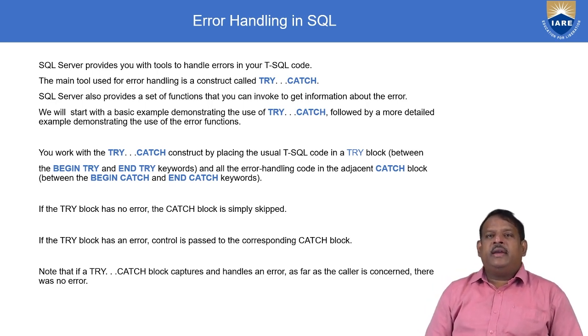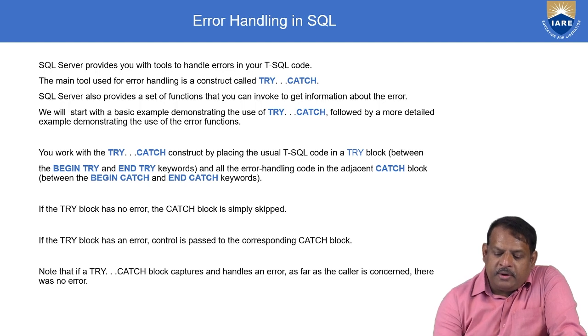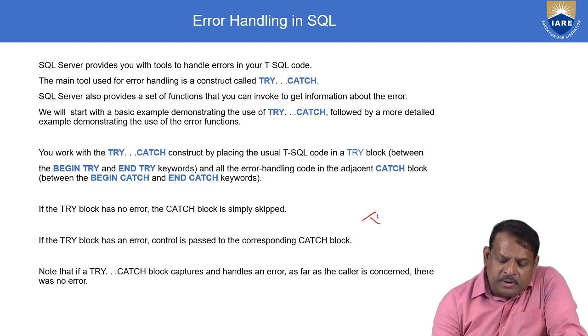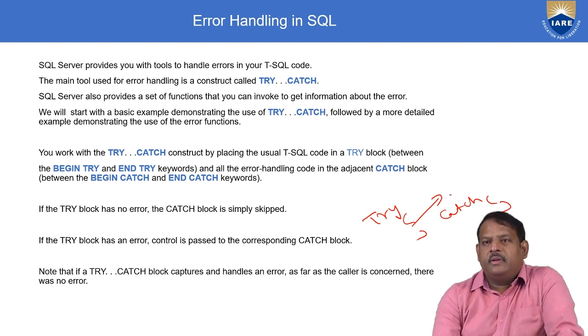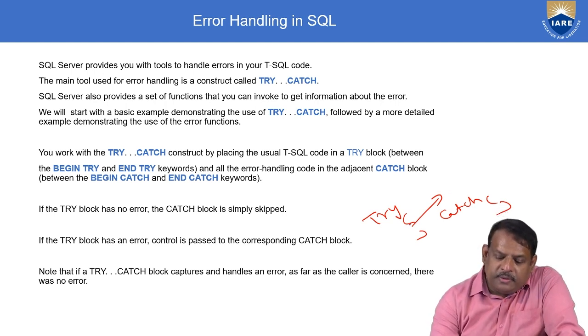You work with the try-catch construct by placing the usual T-SQL code in the try block. So when you write code, you have to enclose it in a try and catch block.